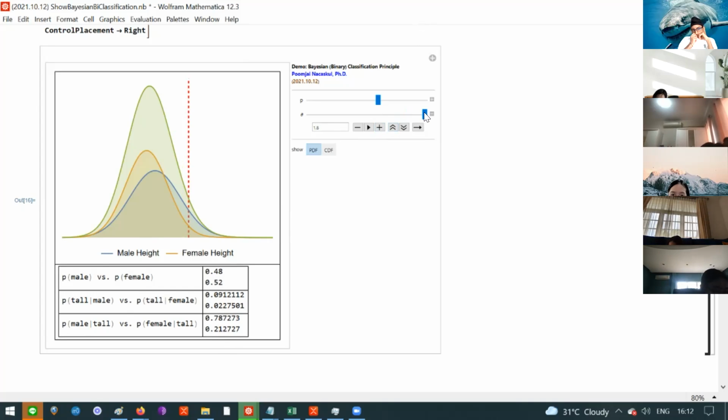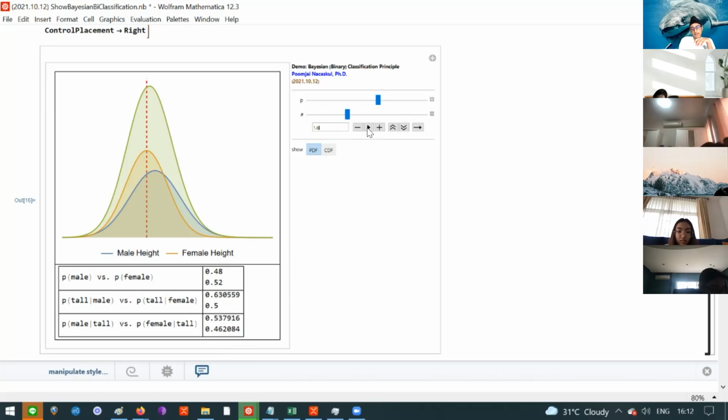So let's go the other way. Let's lower this to here. You notice that even down to here, over 1.6 is still probability of more males than female. It's only when you get a bit lower, a bit lower, a bit lower.